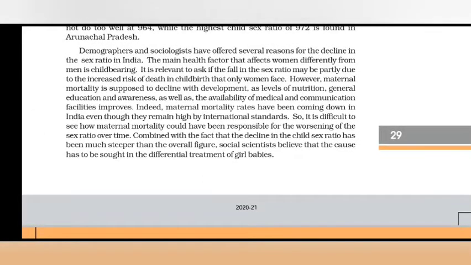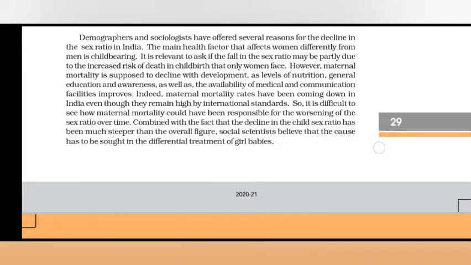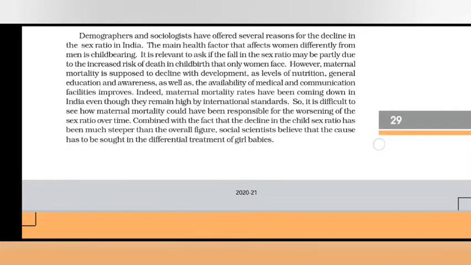Demographers and sociologists have offered several reasons for the decline in the sex ratio in India. The main health factor that affects women differently from men is childbearing. It is relevant to ask if the sex ratio may be partly due to the increased risk of death in childbirth that only women face.